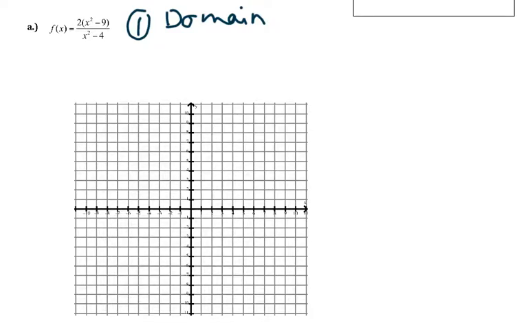We want to know when it's undefined, so I set the denominator equal to 0, because we know if the denominator is 0, then it's undefined at that point. So the domain is: x cannot be positive or negative 2, because with those values the function is going to be undefined.